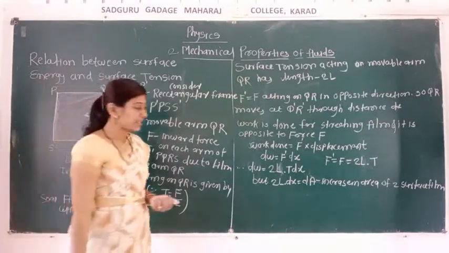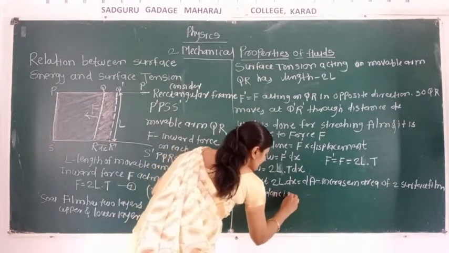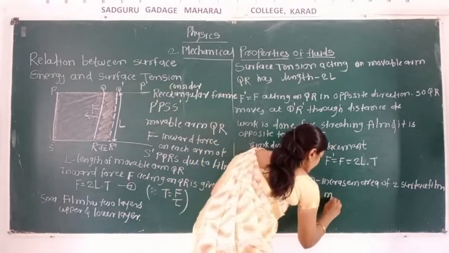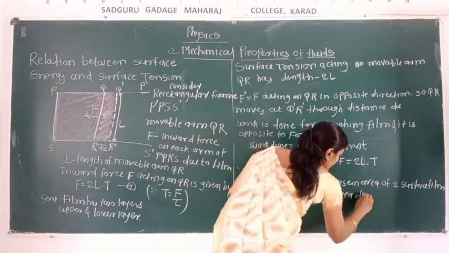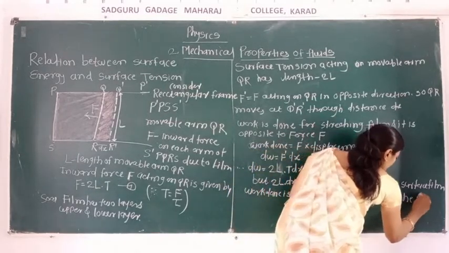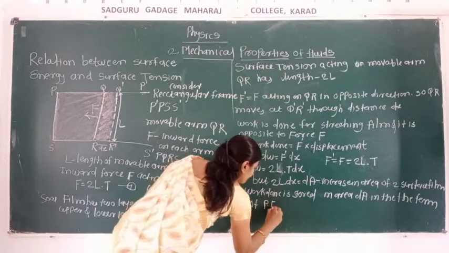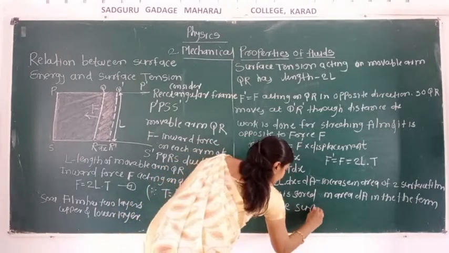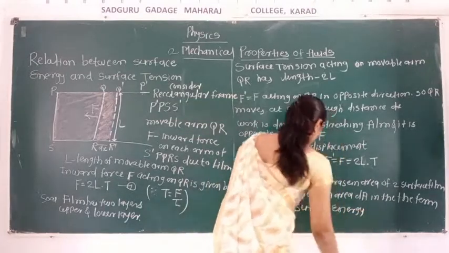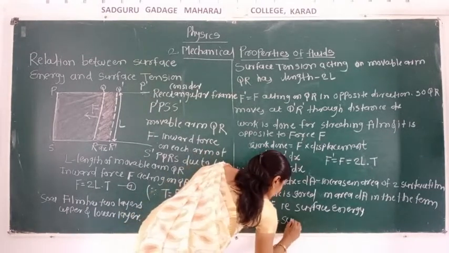So here that work done is stored in area dA in the form of potential energy, that is surface energy. So here that dW is nothing but surface energy.